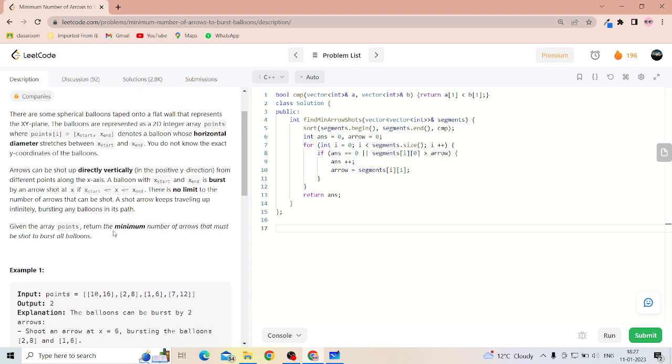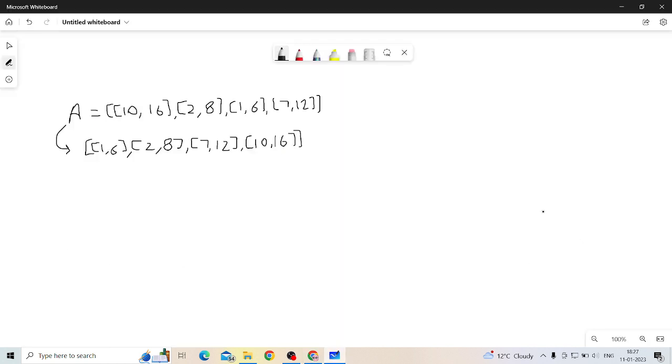Like if one balloon is here and one balloon is here and one balloon is here, and I shoot an arrow here, so this will burst this balloon and this balloon.